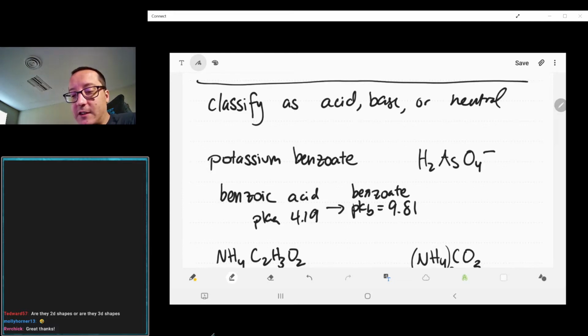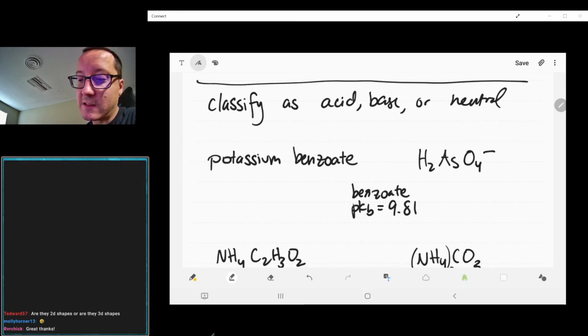Right? We saw that we can use that relationship between the pKa and pKb of a conjugate pair because they would be equal to 14. So if the pKb of benzoate is 9.81, and remember that potassium, being a large, lowly charged cation, doesn't really have a conjugate, we're just looking at something that is going to be a base, right? So we can get rid of this benzoic acid.